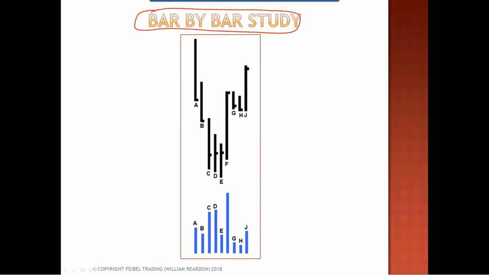So here we have a bar by bar study. When we begin to use the bar volume relationship, we don't necessarily examine every single bar on the chart. We look for bars of interest or mere continuation of trend.